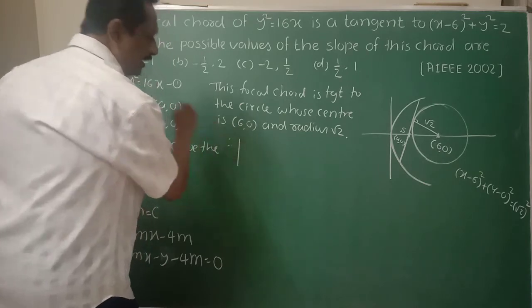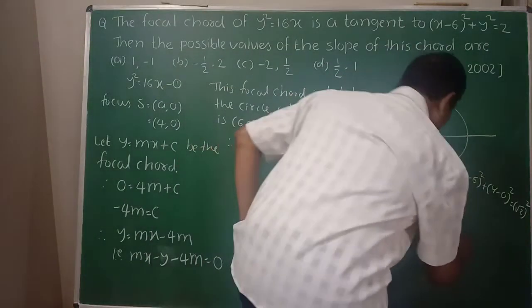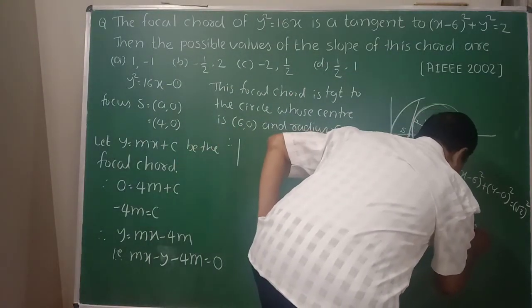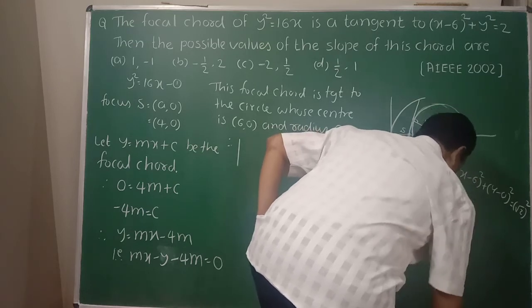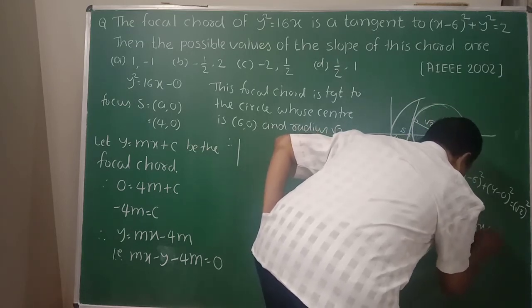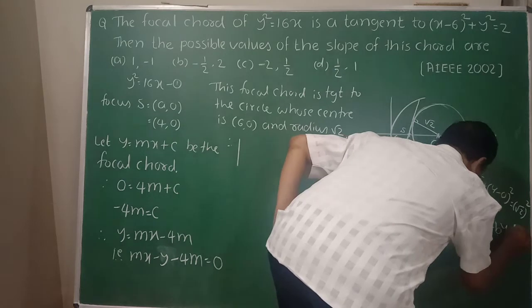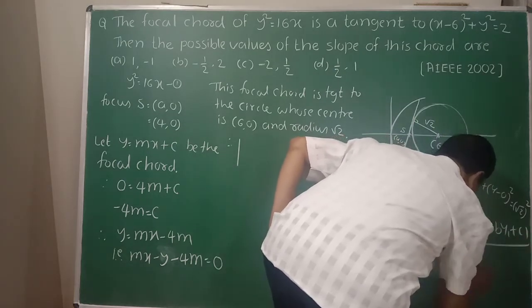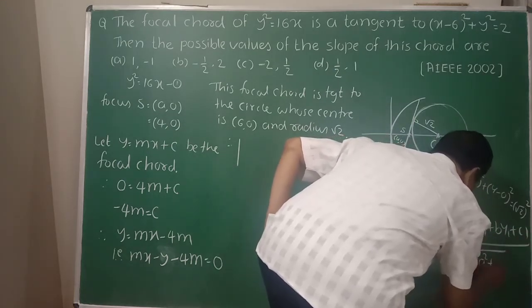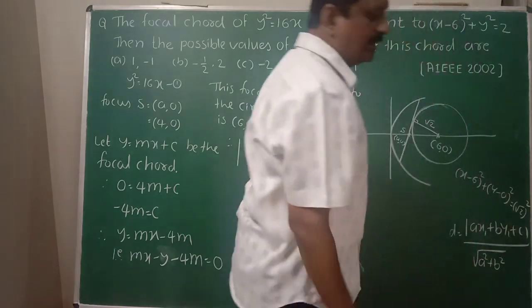Therefore, we use this formula: modulus of (ax1 + by1 + c) divided by √(a² + b²), which is the length of the perpendicular.